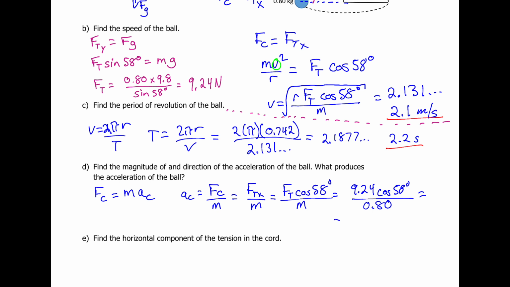I'm going to write it down here because it fits better. 6.12 meters per second squared. Forgot what I was solving for there. Let's fix that. Squared.